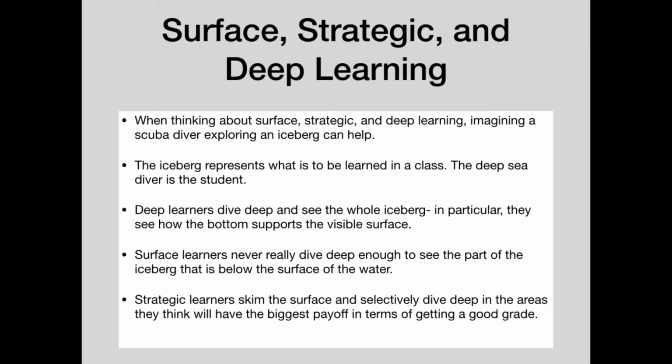Strategic learners also skim the surface, so they never really see the whole iceberg either, nor do they have a very solid foundation for what they have learned. But they use what they can see from the surface to selectively dive down to certain deeper parts of the iceberg, hoping to learn more deeply only in areas they suspect will give them the best grade in a course.